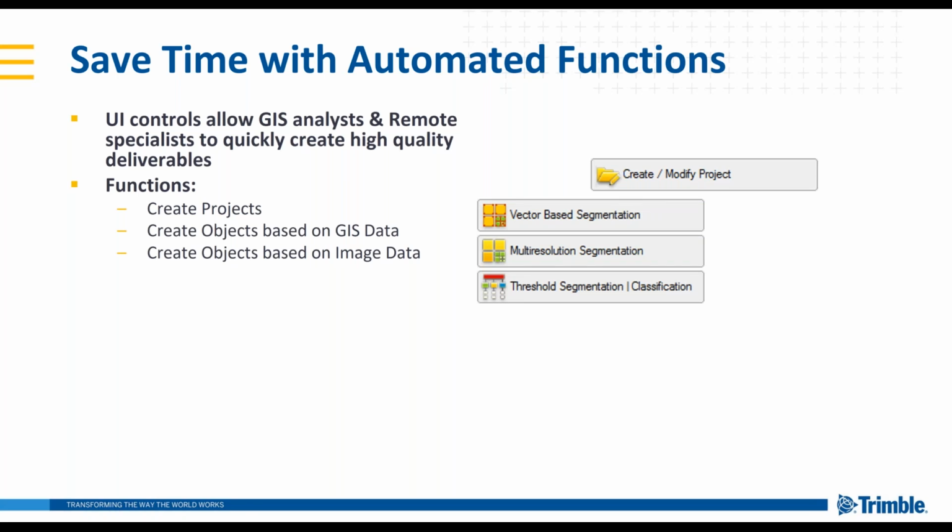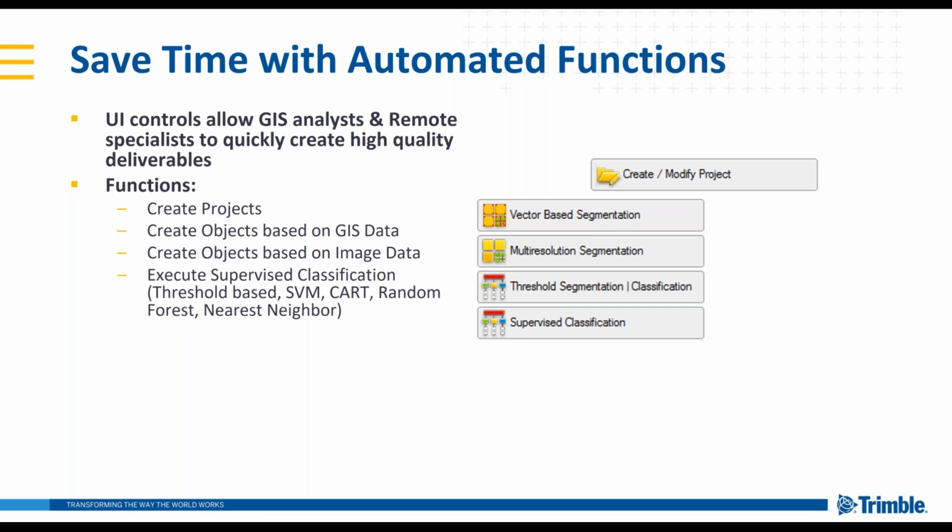We can create objects based on, of course, the image data through multi-resolution segmentation or even a threshold segmentation within the parameters of our classification. We can execute supervised classification and threshold-based classification. So this means we have access to support vector machines, CART, random forest, nearest neighbor, these types of machine learning algorithms.